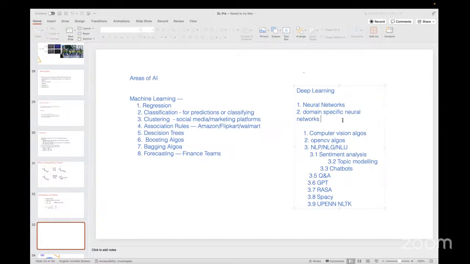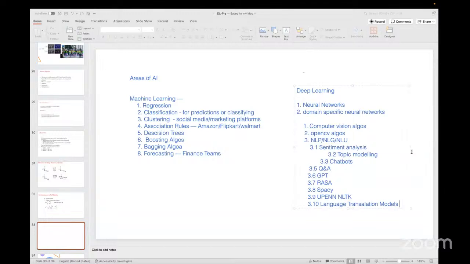We also cover language translation models. There are n number of use cases with respect to deep learning. We have a good set of examples of machine learning and deep learning.